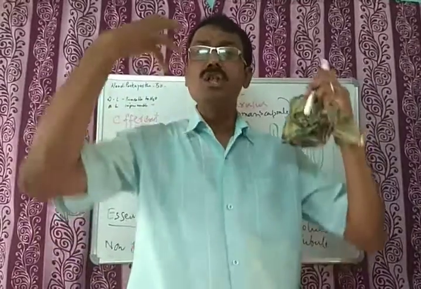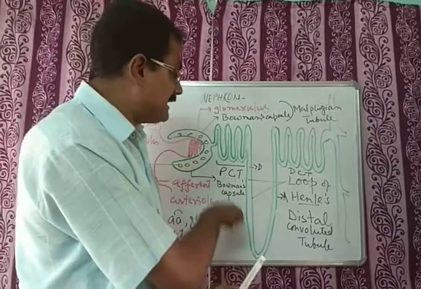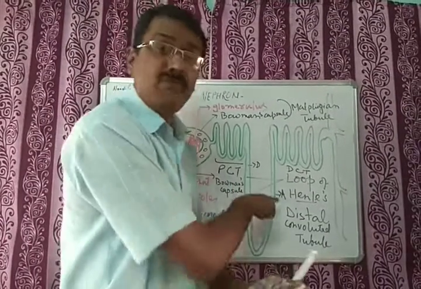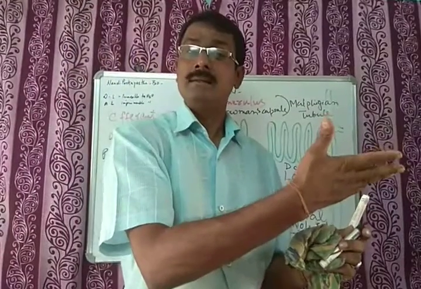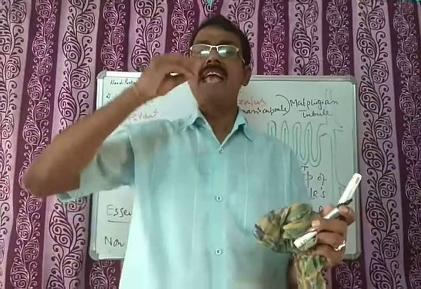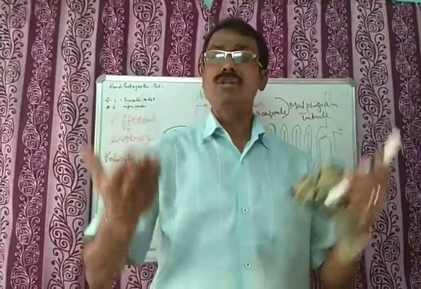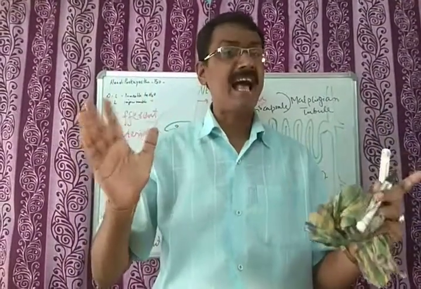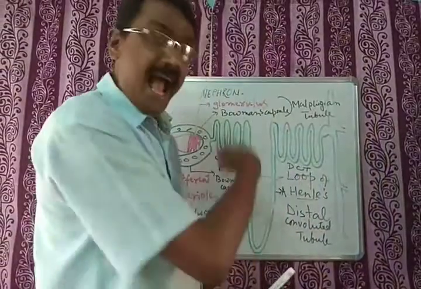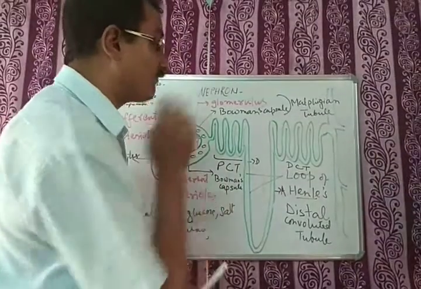Whatever materials are not absorbed by the PCT and remain after passing through the loop of Henle are ultimately absorbed in the DCT. So the DCT does the final absorption. Just like the food we take, digestion starts in the mouth and stomach, and some materials left undigested are finally digested in the small intestine. Like that, the DCT helps in the absorption of materials not absorbed in the PCT and the loop of Henle.